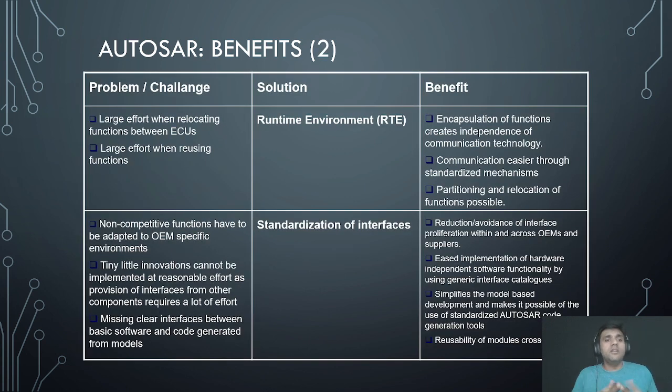Large effort when relocating functions. I'll give you an example. Let's say you have two ECUs, one completely overloaded but the other completely empty. Now you don't want to put more functionality into the overloaded ECU, but unfortunately your architecture is designed in such a rigid way that it's too difficult to move some of the components from ECU A to ECU B, which will cause a lot of complications in determining how the business should move on.